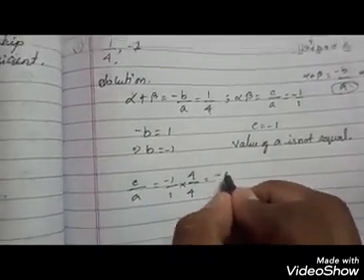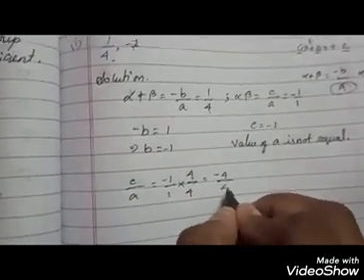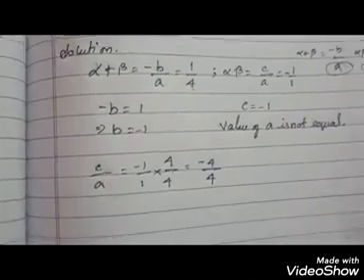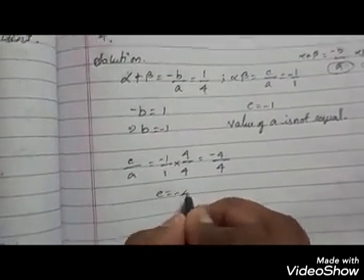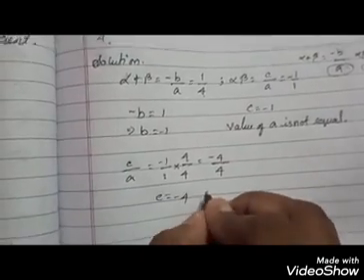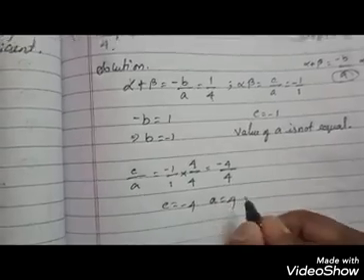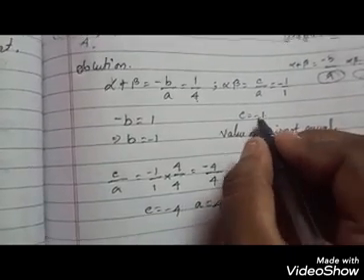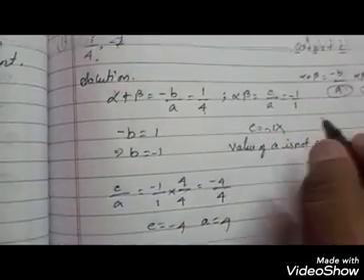So minus 4 divided by plus 4. Here the value of c is equal to minus 4, and a is equal to 4. So here c equal to minus 1, we no need to take this one. Okay.